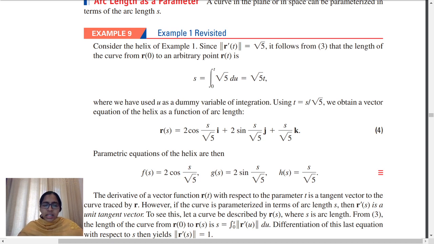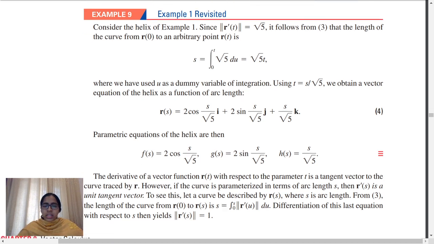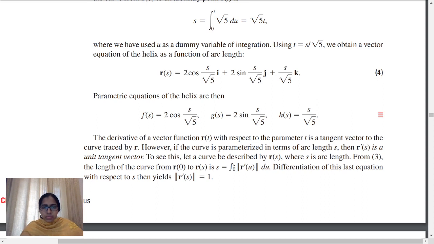Now we can note one thing: the derivative of a vector function r of t with respect to parameter t is the tangent vector to the curve traced by r. So the derivative of the vector function r of t will be the tangent to the curve traced by that vector function.